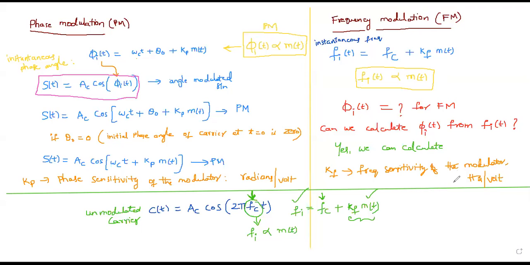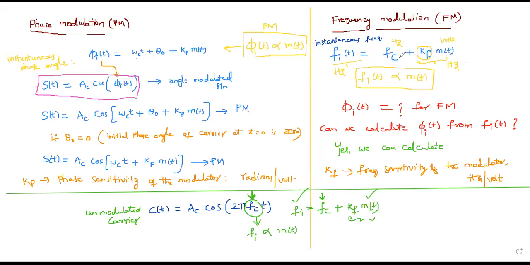So how did I come up with this hertz per volt or radians per volt? It is very simple. You see what the left hand side is here. The left hand side is in hertz, right? And on the right hand side, fc is also measured in hertz because it's frequency, and m of t is measured in volts. Now the units of kf should be such that this entire thing is hertz, because I can add only two quantities which are measured in the same units.